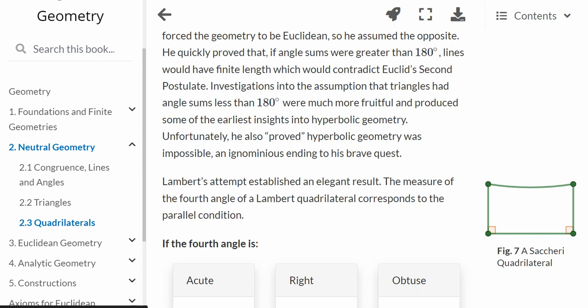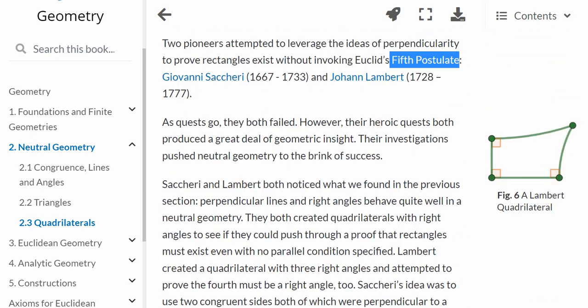So it turns out they're parallel to each other, because perpendicularity does work. And so 2 lines perpendicular to the same line are parallel. Okay? But even these 2 quadrilaterals, the Saccheri quadrilateral and the Lambert quadrilateral, were not enough by themselves.